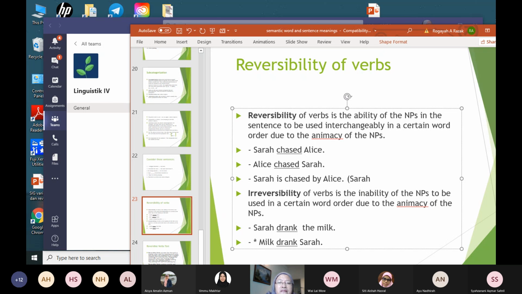They think Sarah is the agent. Which is wrong lah. Sarah is not the agent in this sentence.